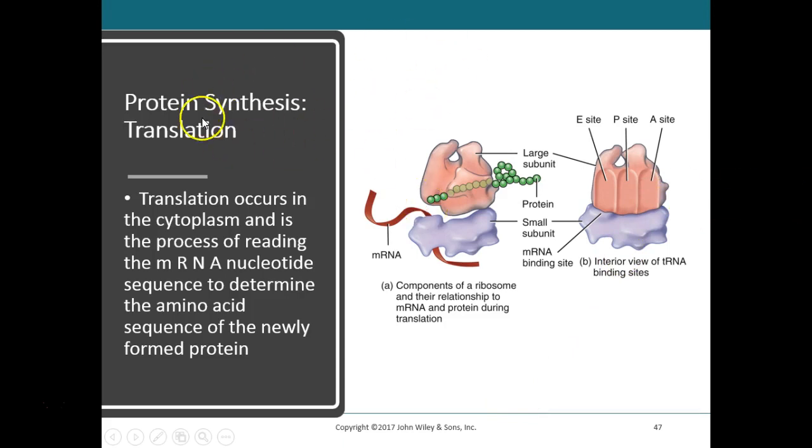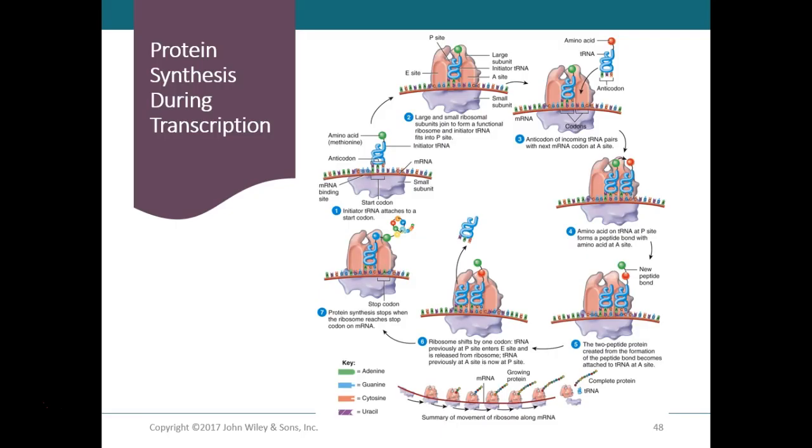Once we're in the cytoplasm, that messenger RNA binds to a ribosome. Once it is bound to a ribosome, tRNA molecules come in carrying amino acids. Each amino acid forms a peptide bond with the neighboring amino acid.